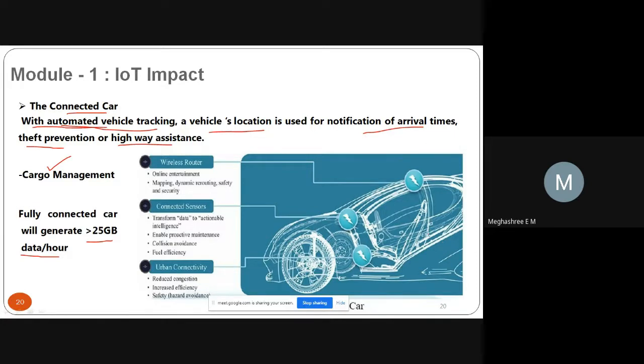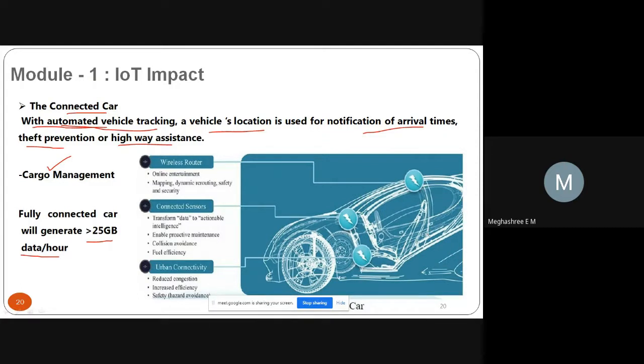It collects the data and passes it on, and the amount of data collected is 25 GB per hour by the car. So what if this car runs for 4 hours or 10 hours? Then it has to be multiplied by the number of hours, 25 GB into 10 hours.